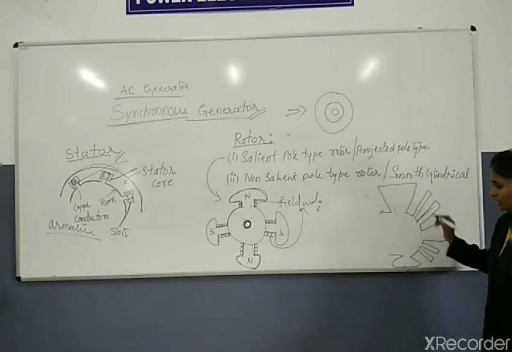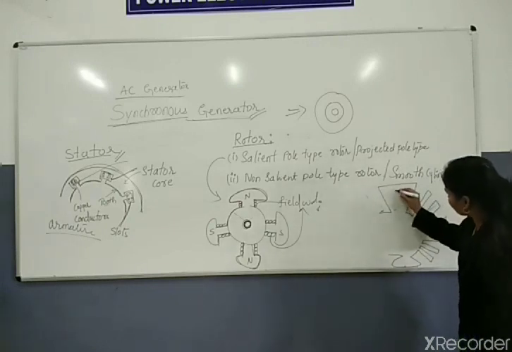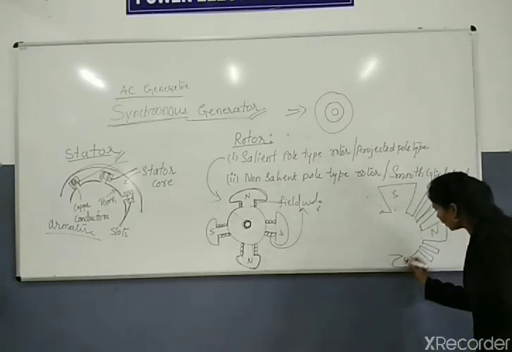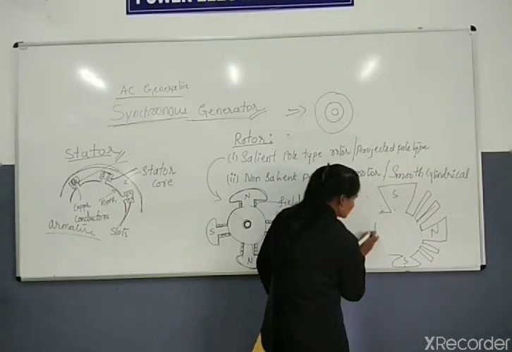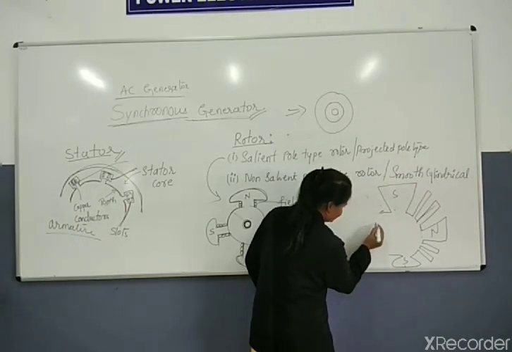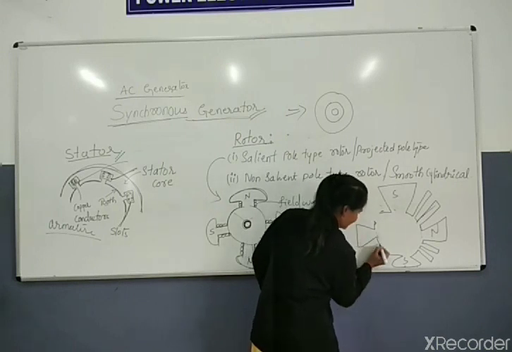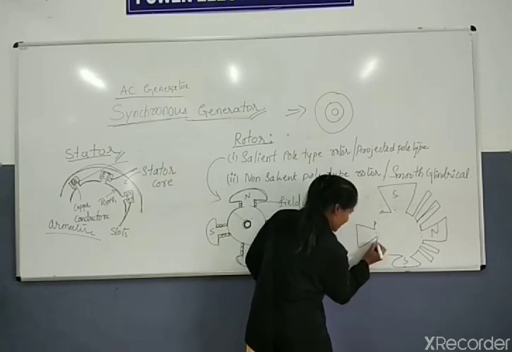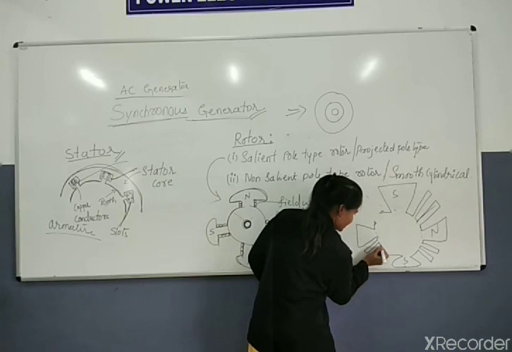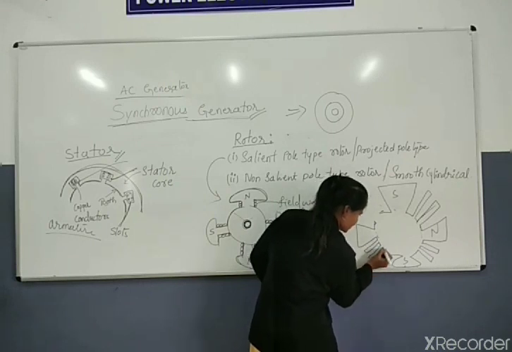Remember, if this is south, north, south, and similarly this is also north, between them we have small radius cylinders.